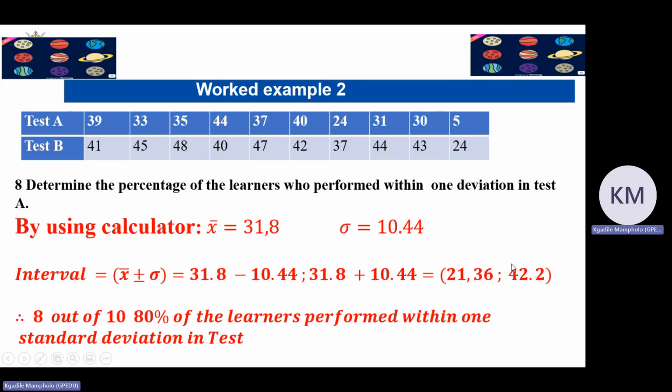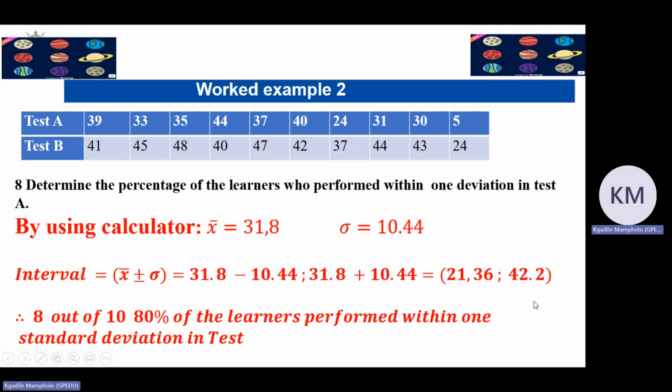So all the scores falling between the two limits, or between the interval, are the scores falling within one standard deviation. To find the percentage, you check that the only scores falling outside the interval are the 5 and the 44.